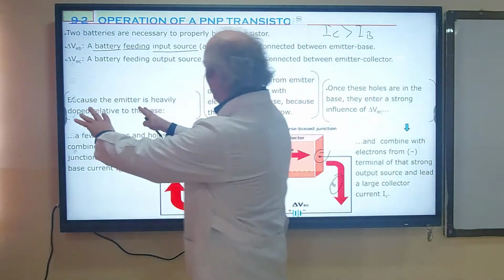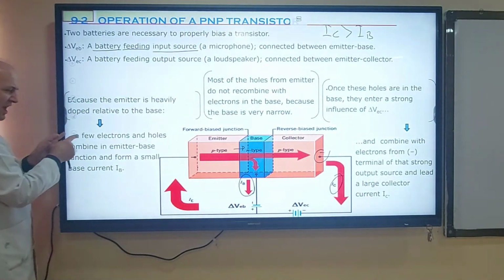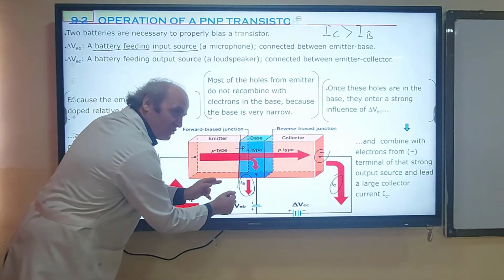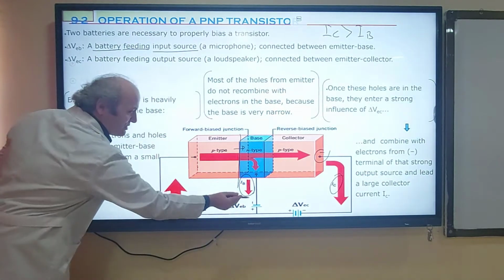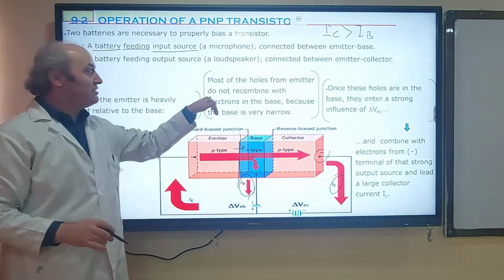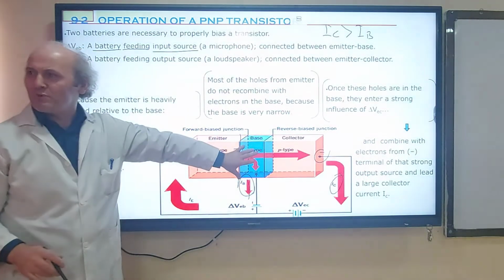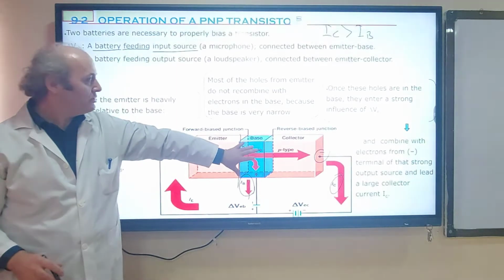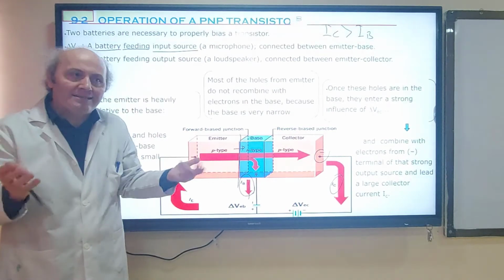So shortly, let's explain. Because the emitter is heavily doped relative to the base, a few electrons and holes combine in the emitter-base junction and form a small base current. But most of the holes from the emitter do not recombine with the electrons in the base because there are no more mobile electrons. Because the base is very narrow, a small number of electrons exist there.